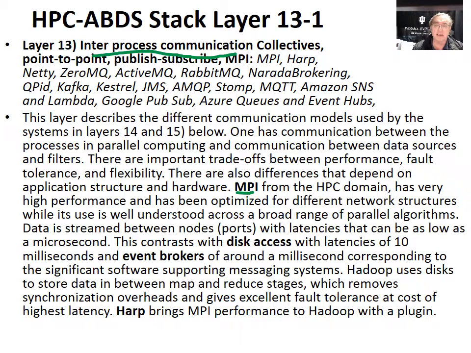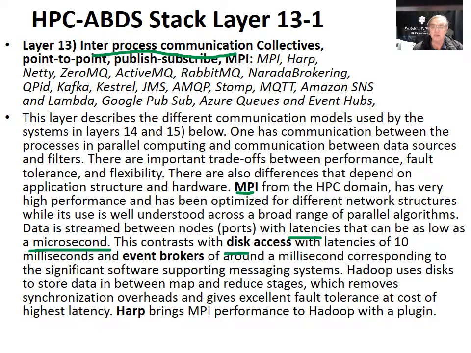It just tries to pass the data directly from running program number 1 to running program number 2. And because of its attention to performance, the latencies can be as low as a microsecond, 10 to the minus 6 seconds, for the time it takes to get between processes.